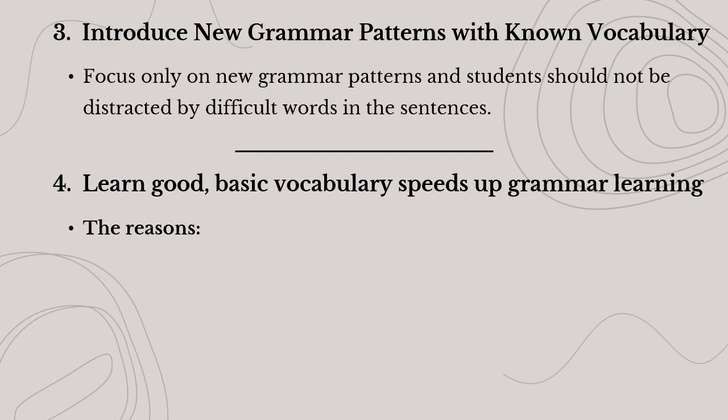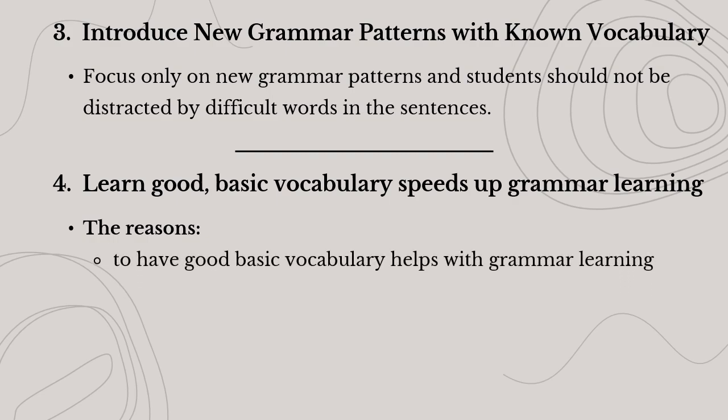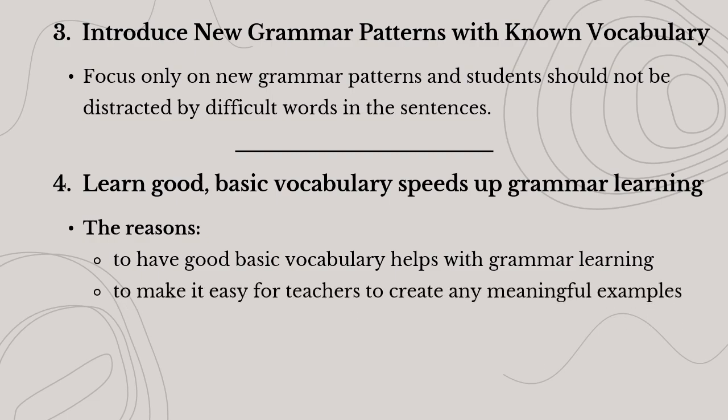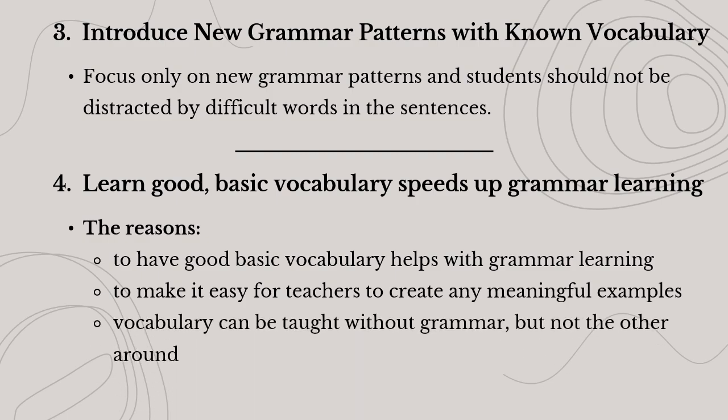When students know a lot of common words, it is easier for teachers to come up with meaningful examples while teaching the target grammar, without having to spend too much time deciding which words students know and which they don't. And we have already studied how to teach basic vocabulary without the need for grammar, but you cannot teach grammar without vocabulary.